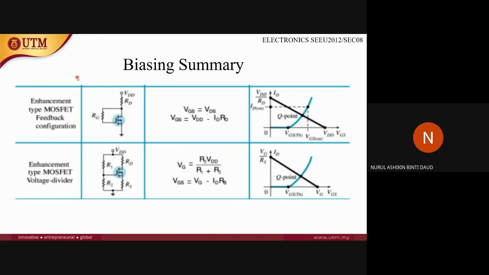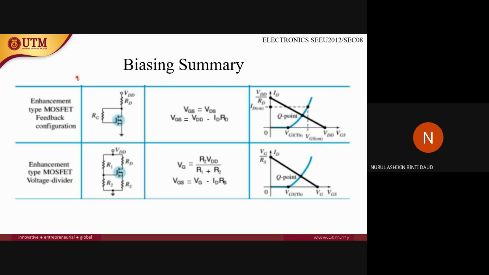Okay, MOSFET graphical methods. For your final exam, we will focus on graphical methods, so calculation methods will not come up.